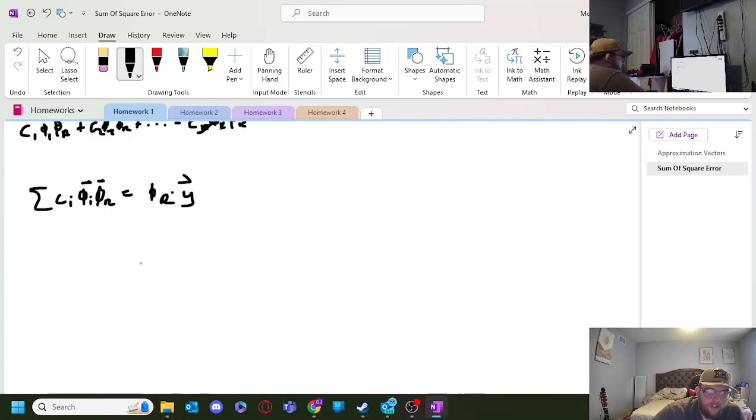So I can rewrite that as the transpose of phi k multiplied by our vector y. And same deal over here, where I can say the sum of Ci times phi i transposed to phi k.